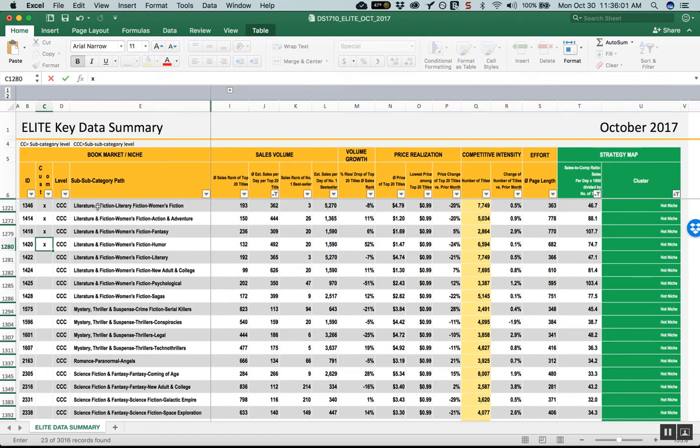But I want you to take note of something, and that is literature and fiction. The top category, literature and fiction, is your top category. Then you have literary fiction, women's fiction. Now that one's pretty cool. The thing about women's fiction as opposed to romance is that the story and the expectation of the genre is that this is about a transformation, an evolution, or a transcendence of something that happens in the woman's life.